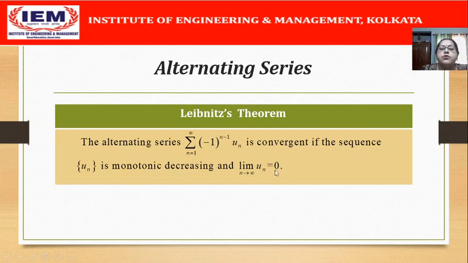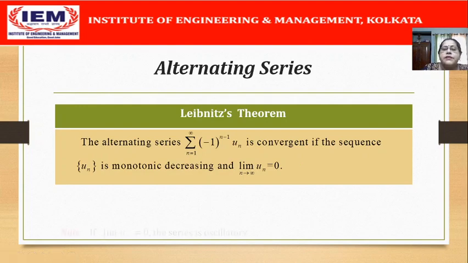So we have two conditions to be tested for an alternating series to be convergent. One is that the sequence un, that means the sequence of the positive terms, is monotonically decreasing, and limit un should be 0.